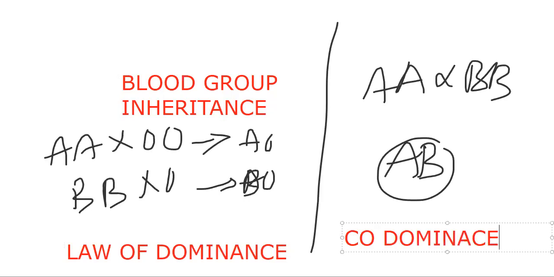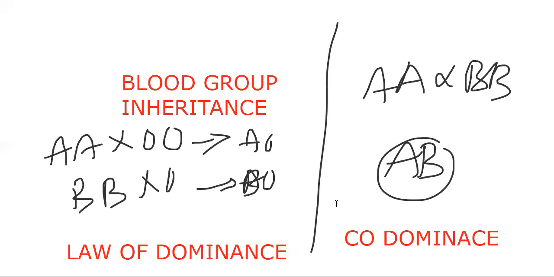And one more interesting thing: till now we have been seeing Mendel only. When we took seed color, yellow and green, two allelic forms. When we took seed shape, round and wrinkled, two allelic forms. Then when we took the height of the plant, tall and dwarf, only two alleles till now, isn't it?